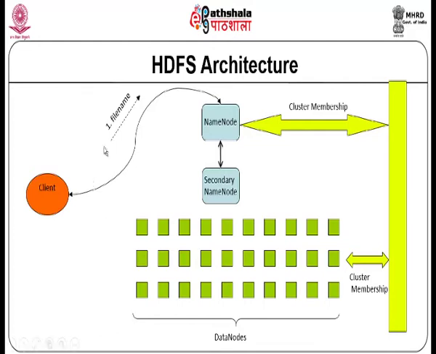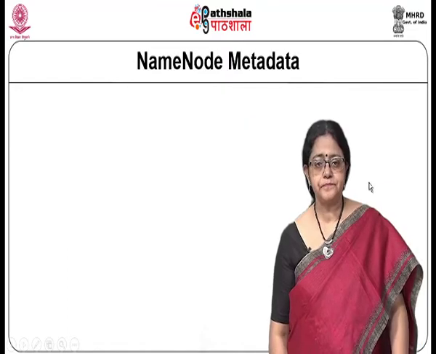So, it will ask the name node where these blocks are and which data nodes contain them. That block ID and the data node information will be sent back to the client, and then the client will contact the data nodes directly and get the data. They will get the chunks, the blocks, and by combining these blocks they will obtain the overall file.